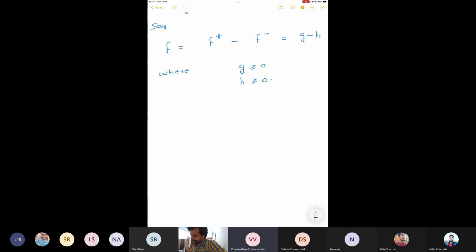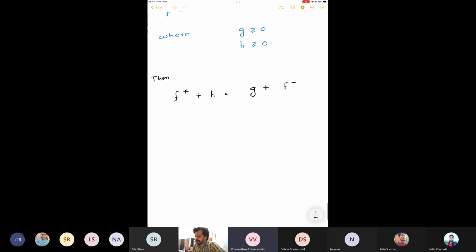Then, do you see this? f plus h is equal to g plus f minus. Remember, f plus, f minus, g, h are non-negative. Now these are two non-negative functions. They are equal. Therefore, the integrals will be equal.